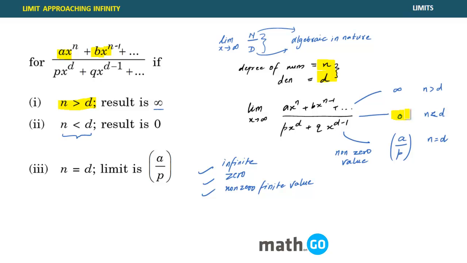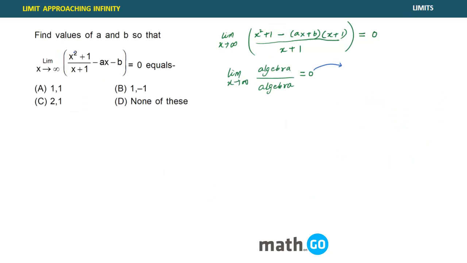This particular case, when the degree of the denominator is greater than the degree of the numerator. So we want n to be less than d. Numerator's degree should be less than denominator's.